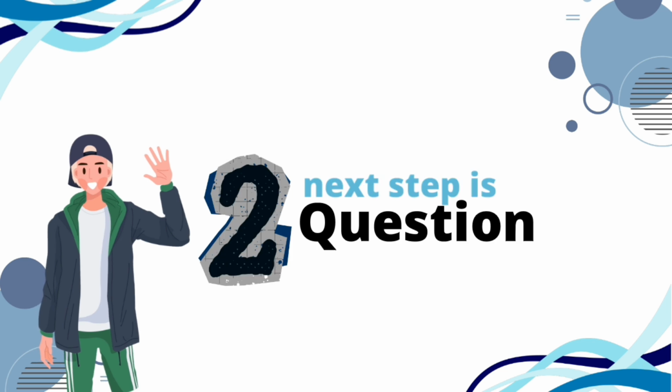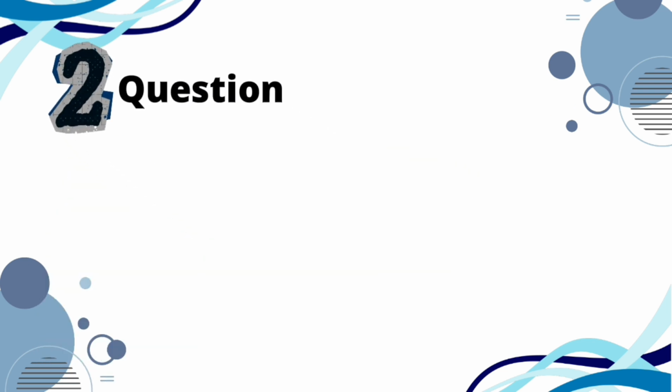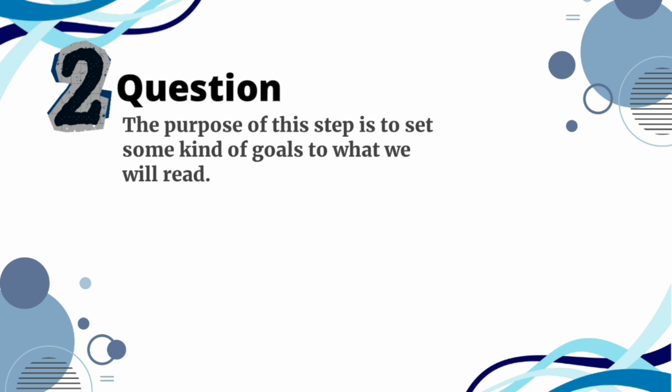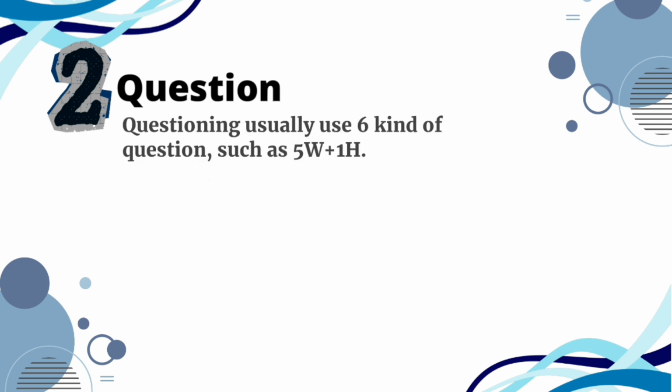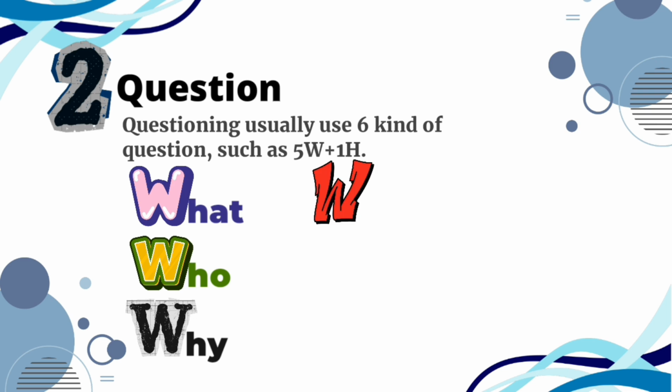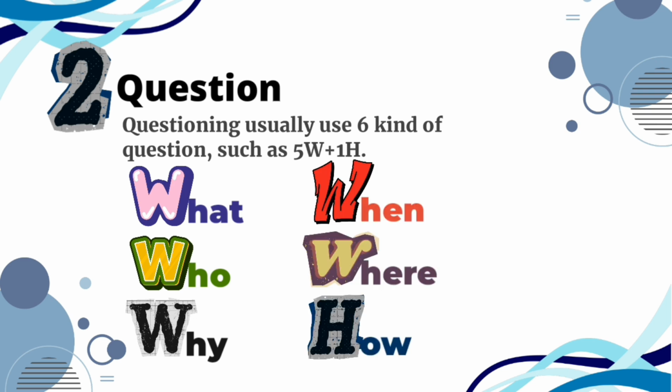Next step is question. The purpose of this step is to set some kind of goals for what we will read. Questioning usually uses 6 kinds of questions, such as what, who, why, when, where, and how.